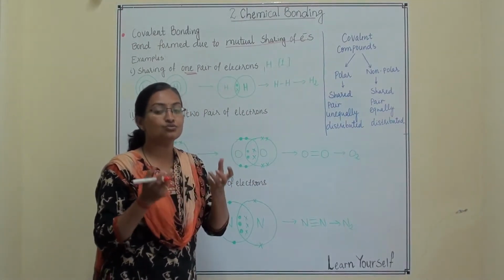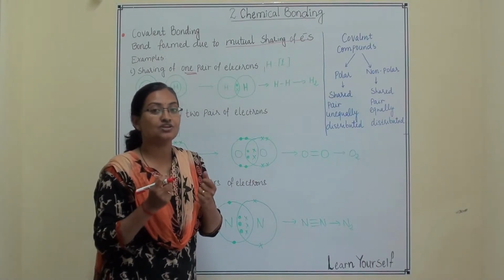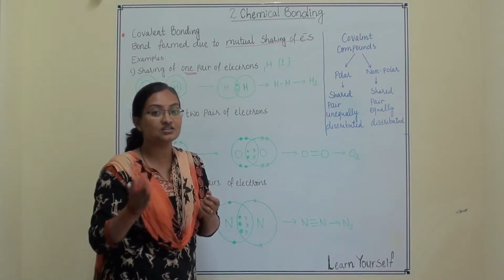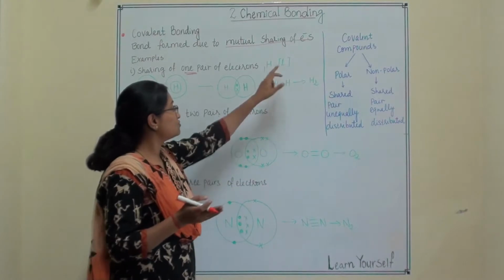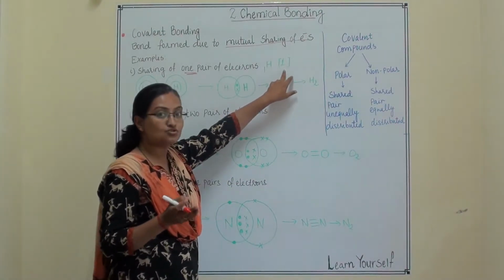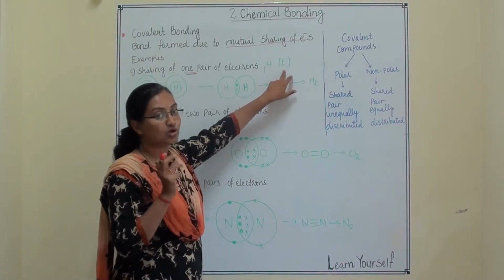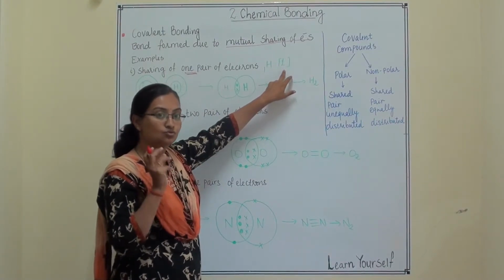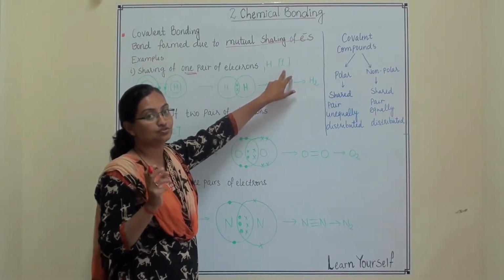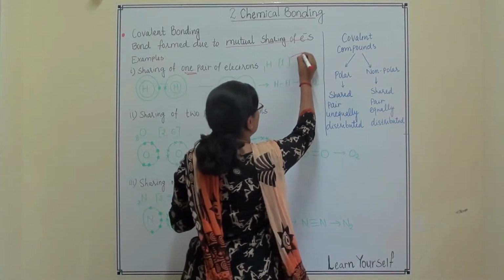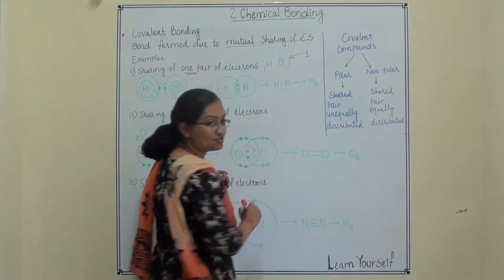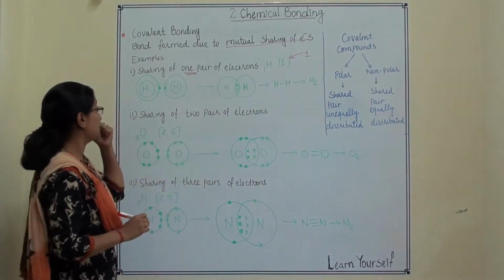Hydrogen will try to gain a stable electronic configuration like the nearest noble gas, helium. So hydrogen needs to gain one electron to complete its duplet. It needs one more electron in its outermost shell.